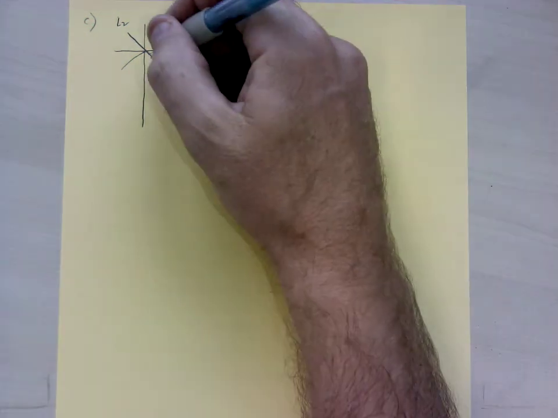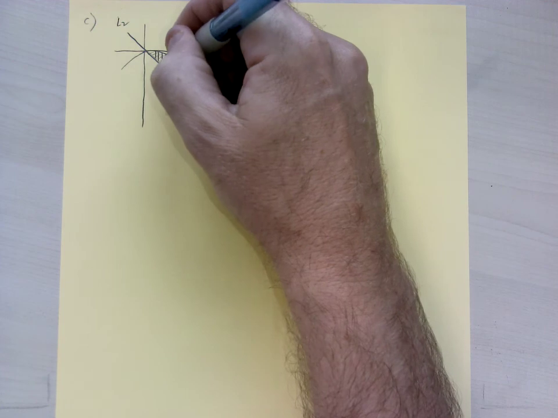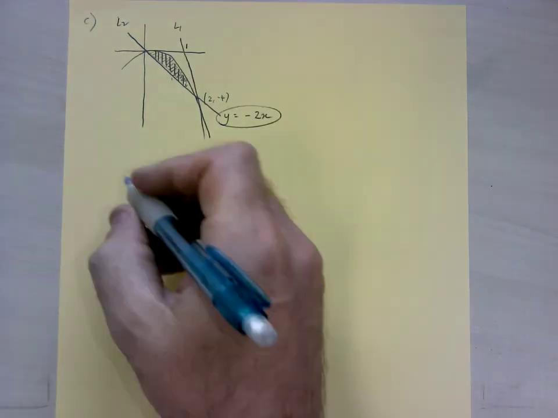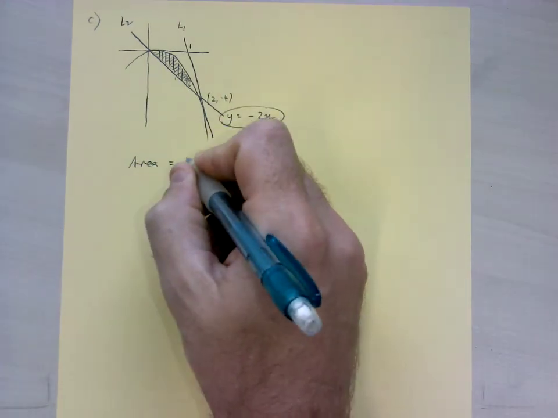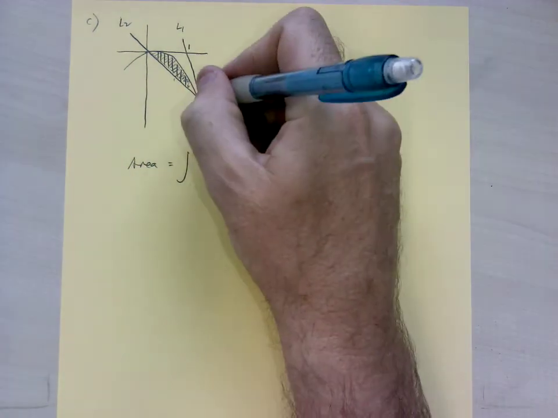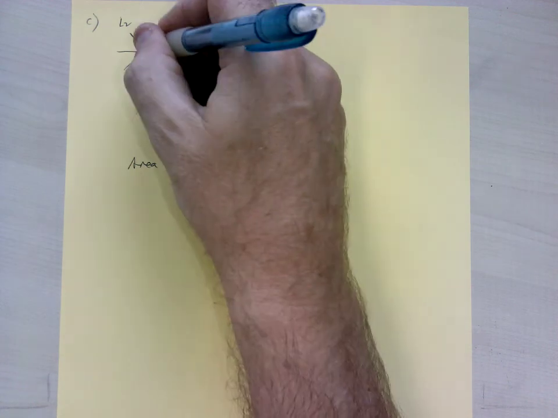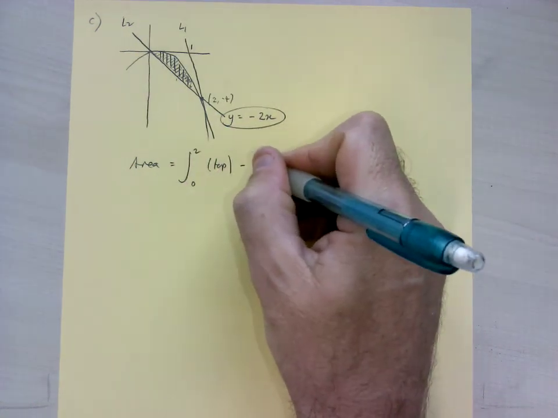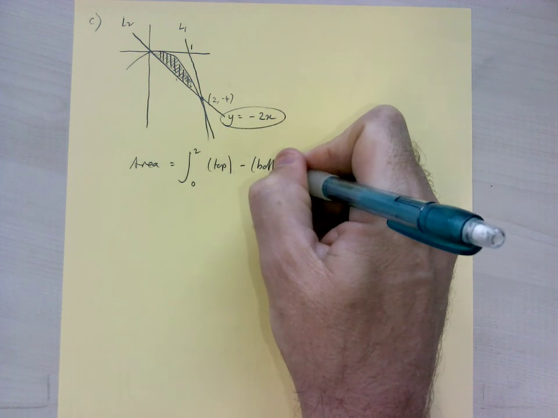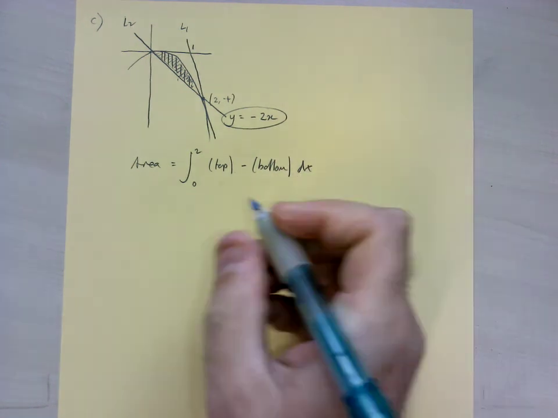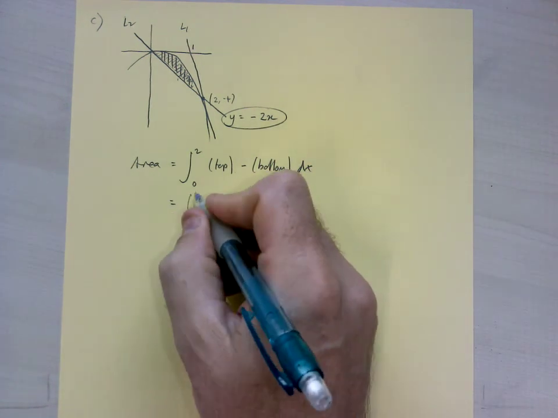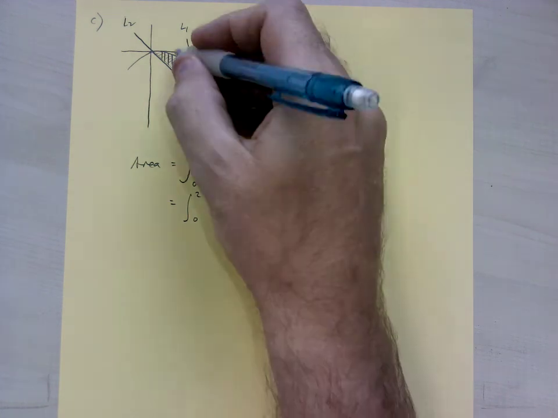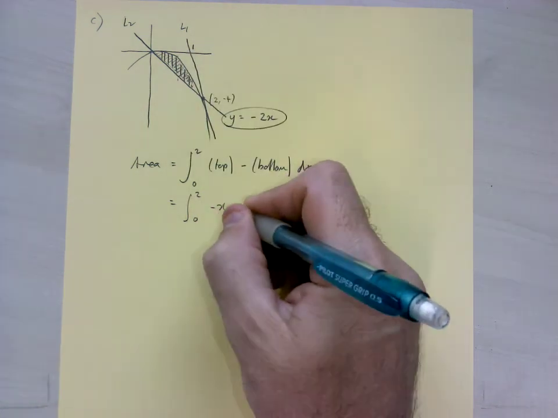So I know that L2 is y equals minus 2x. So to find this area in here, I can say the area is going to be the integral between the limits of 2 and 0 of the top curve minus the bottom curve with respect to x. Top curve was minus x squared.